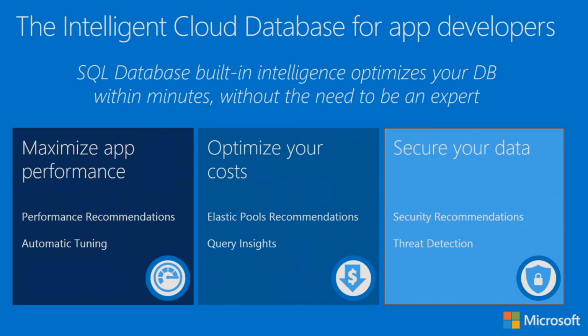We've seen how Elastic Pools and Query Insights help you configure your database queues in an optimal way, even for one database or for thousands of databases. And we've seen how Query Insights help you understand the resource bottlenecks in your application and tune those. And lastly, the intelligent security features help you secure your data and detect and prevent attacks and threats against your database.